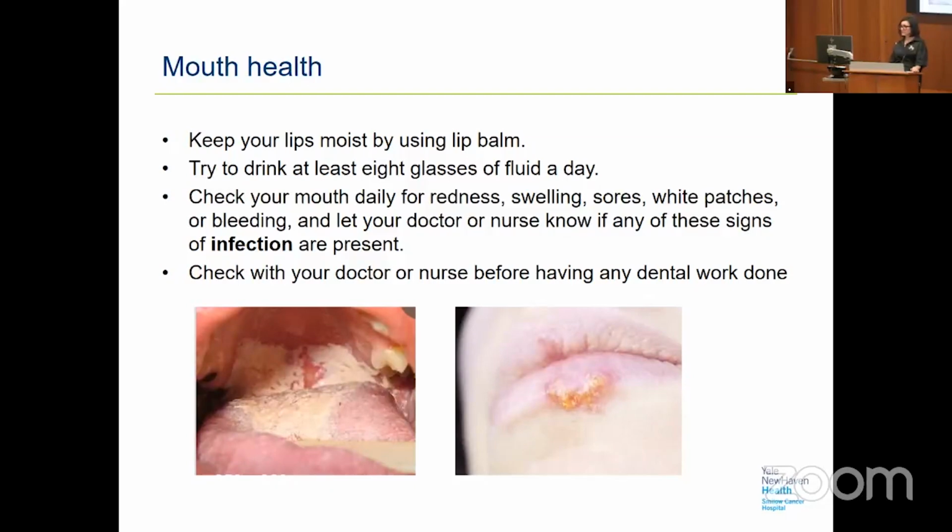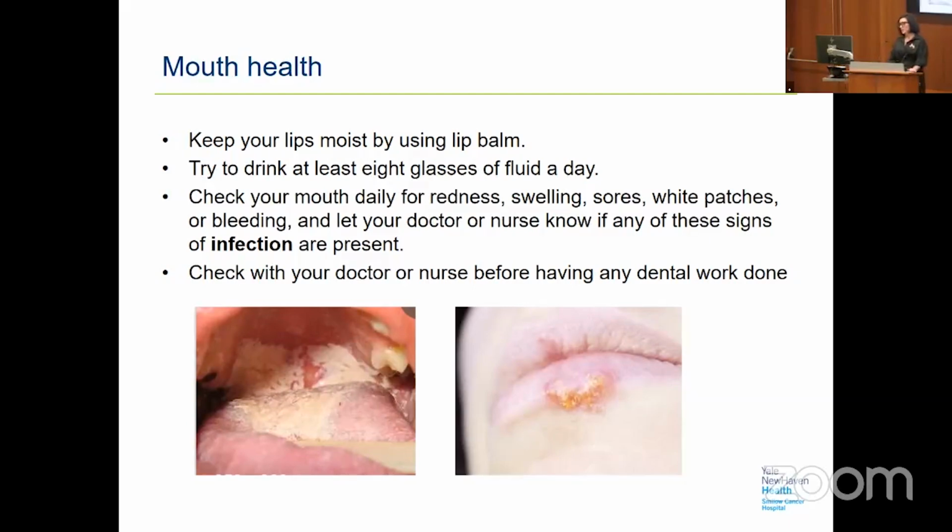On the right there is an example of what we commonly call a cold sore, but is a herpes lesion. Those are very common. Many of us have the virus that's dormant in our body. And when our immune system is compromised, those viruses can show up in ways like cold sores on the lips.